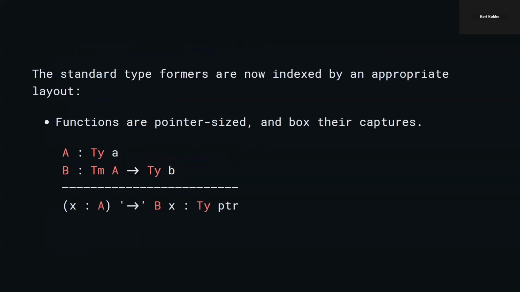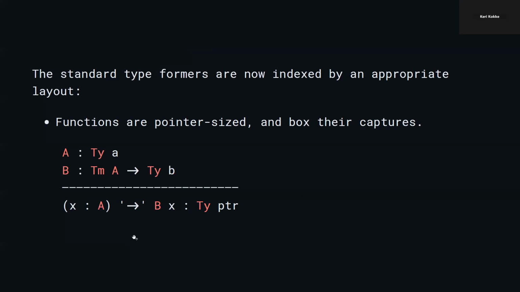All right, so now we're going to go through the standard type formers and see how we can augment them with layout information. So to start with, functions are just going to be pointer sized. So they're just going to be a pointer to some allocation that contains a pointer to the code and also maybe any captures that the function has.